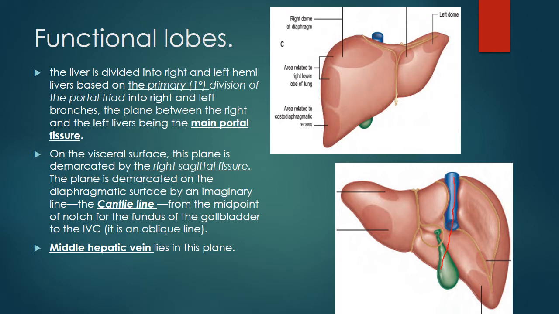So on the diaphragmatic surface, this main portal fissure is demarcated by an imaginary line called Cantlie's line, and this line is taken from the midpoint of the fossa for gallbladder. This one is an oblique line and it extends towards the groove for inferior vena cava. So this is called the main portal fissure, and please remember that the middle hepatic vein lies in this plane.